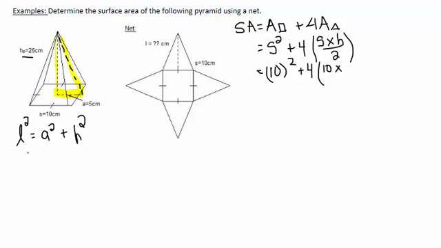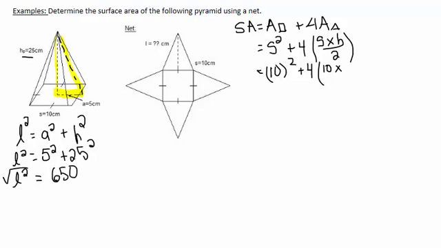So it's just like Pythagorean Theorem. Now L squared is equal to 5 squared plus 25 squared, which is equal to 650.